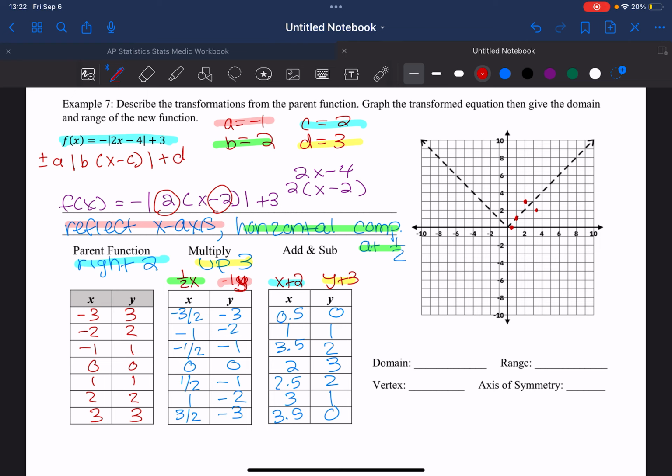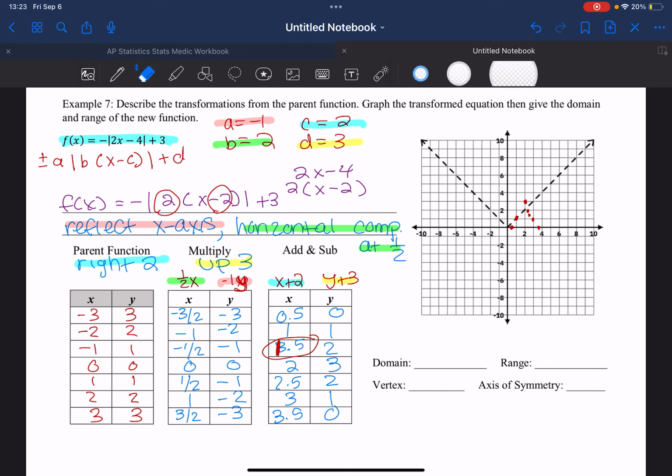Then I have 2.5, 2. 3, 1, 3.5, 0. I feel like this one, did I mess up here? So this is negative 1/2 plus 2, which is 1.5. Yeah, and that would fall more right here.